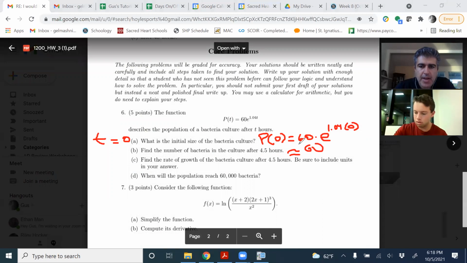Now, find number of bacteria after 4.5 hours. That's just going to be P of 4.5. So it'll be 60 times E 1.04 times 4.5.